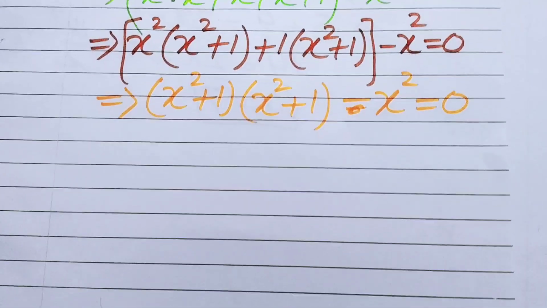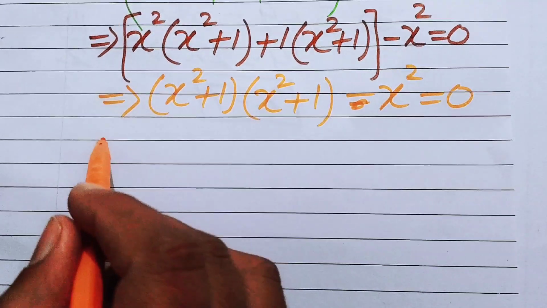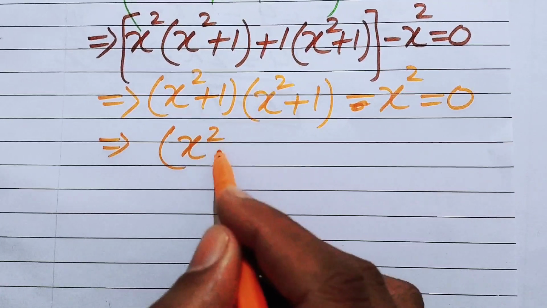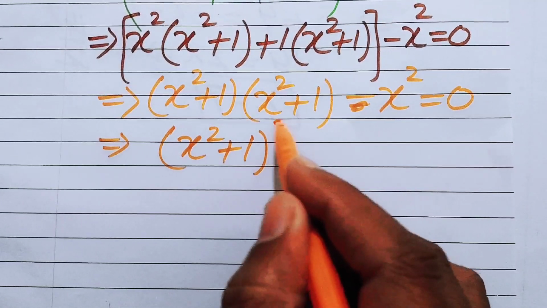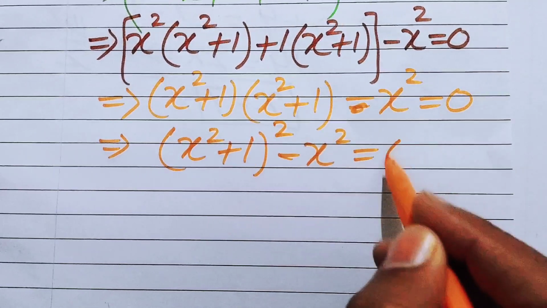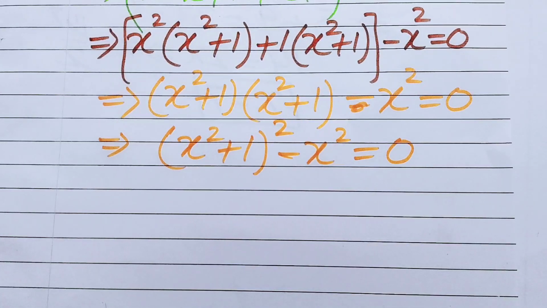You know that when we multiply two same factors, it becomes its whole square. So when we multiply x square plus 1 by x square plus 1, we get x square plus 1 whole square, and this is minus x square equals 0.